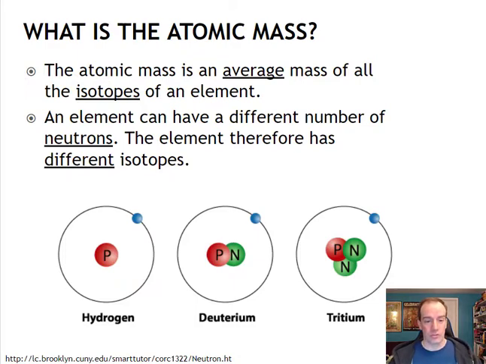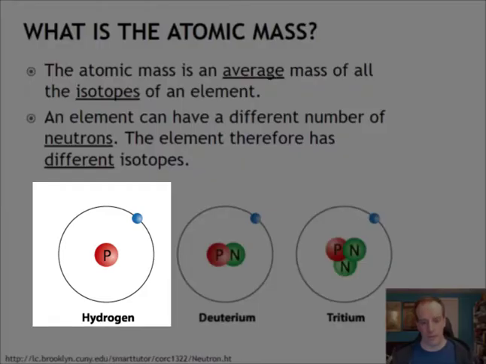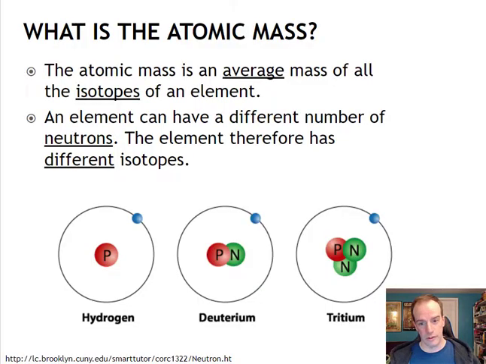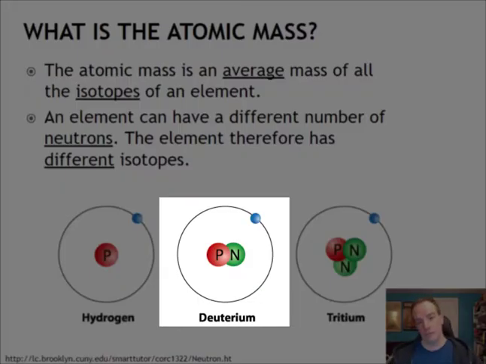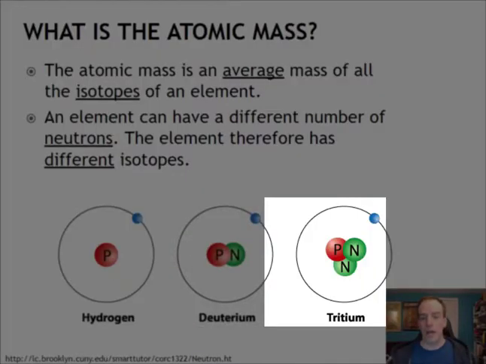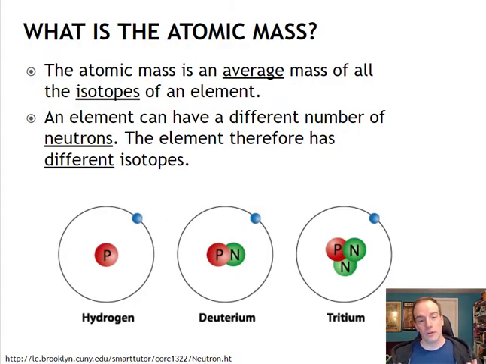So the hydrogen, for instance, exists mainly as just a proton and electrons spinning around. So it has an atomic mass of close to 1. Occasionally you'll find hydrogens with a neutron, and sometimes 2 neutrons. These are different isotopes. So they're the same element. They're still hydrogen, but they have slightly more mass, and they're called isotopes.